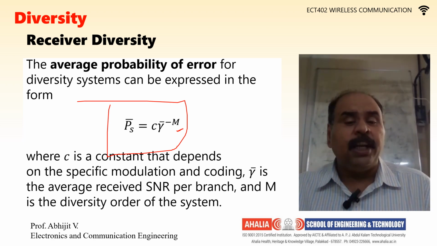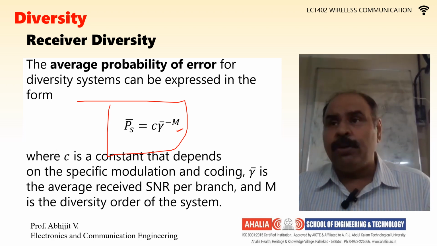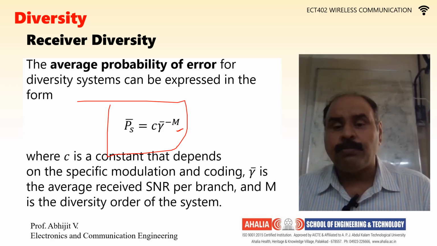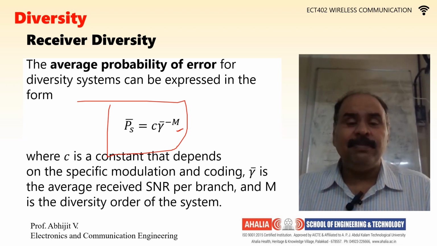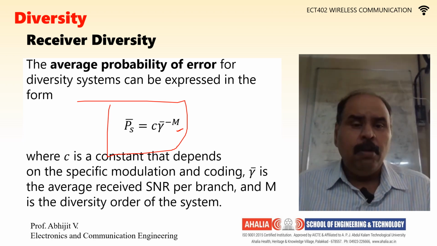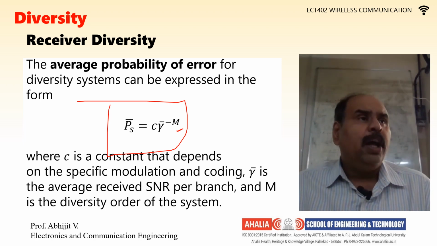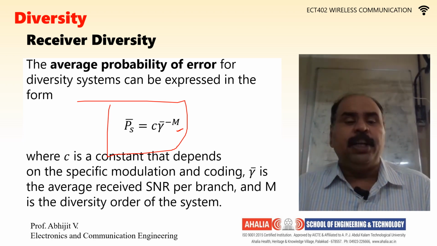C is a constant that depends upon the specific modulation and coding, the average received SNR per branch, and M is the diversity order of the system. The average probability of error can be a question.